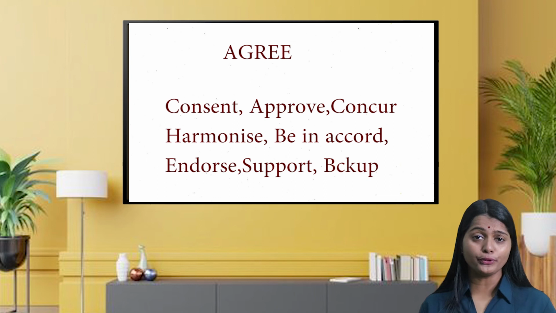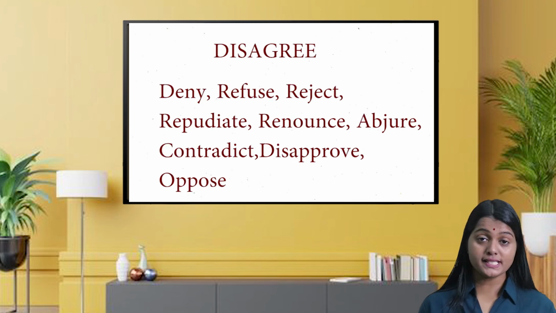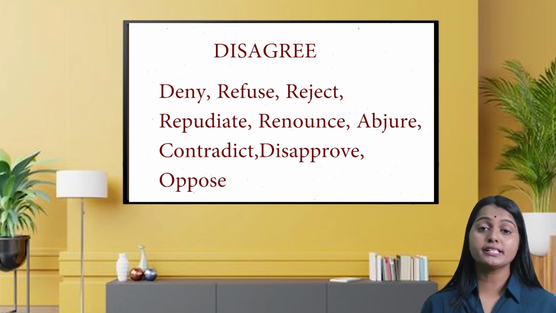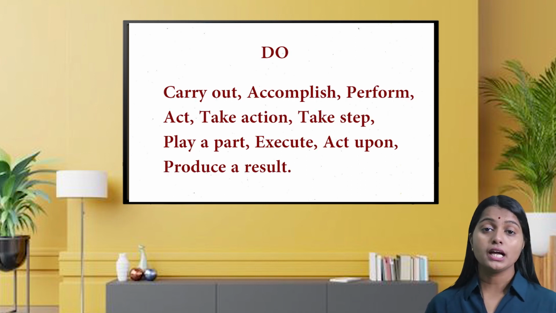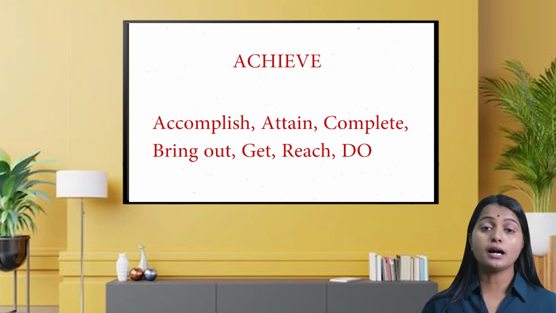And when you want to agree: consent, approve, concur, be in accord, endorse, back up. When you want to disagree: deny, refute, reject, repudiate, renounce, abjure, contradict, disapprove, oppose. And instead of "do": carry out, accomplish, perform, act, take action, take steps, play a part, execute, act upon, produce a result. For achievements: accomplish, attain, complete, bring out, reach, do.